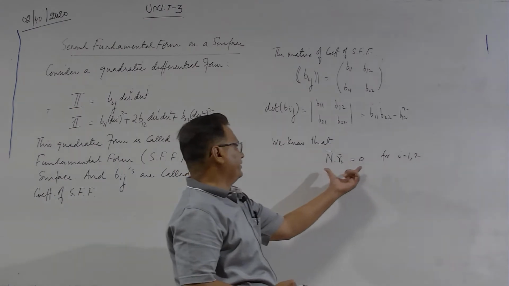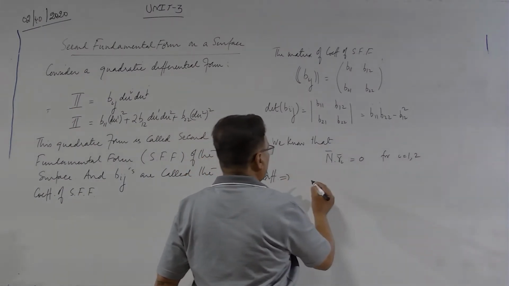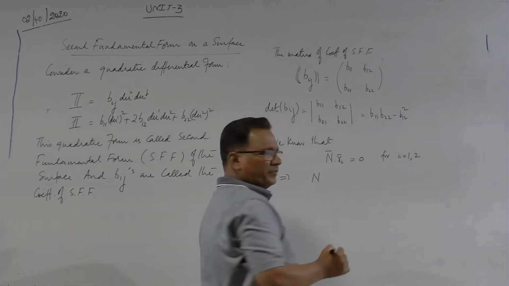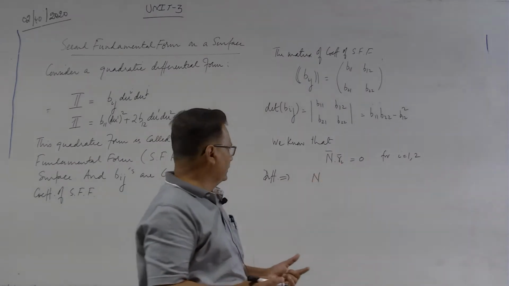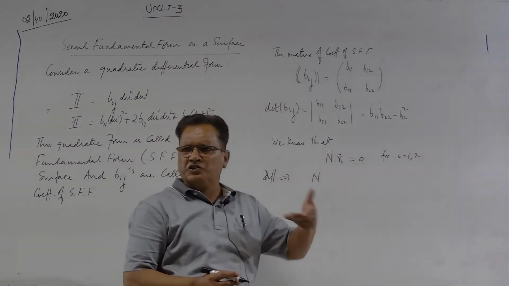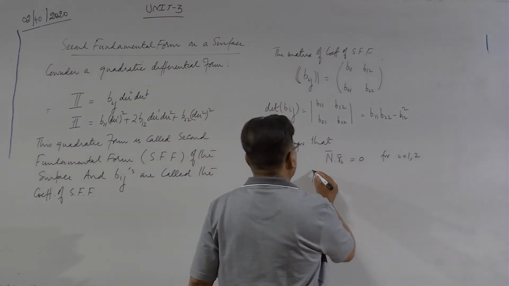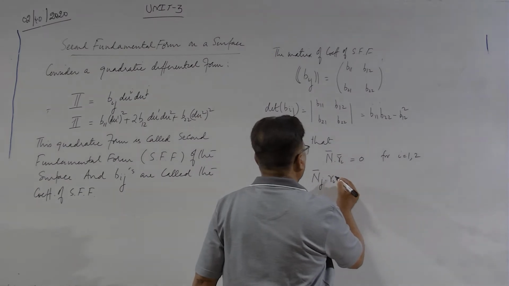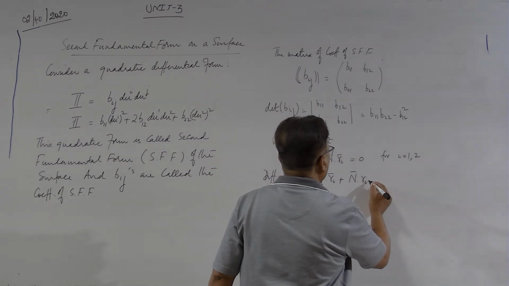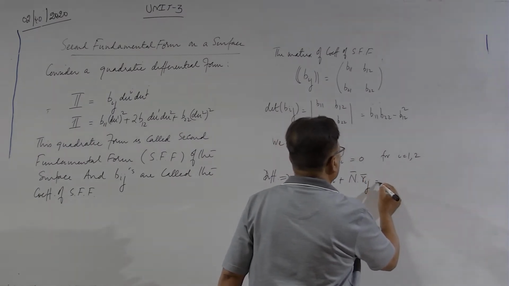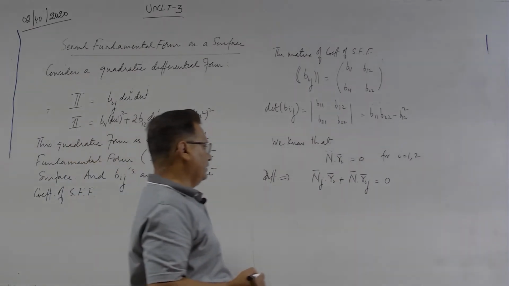Now, if I differentiate this relation partially, because it is a function of two variables, let me differentiate with respect to the jth parameter. It is the derivative of n, that is n j dot r i, plus n dot the derivative of r i with respect to u j is this. The right side is 0, after differentiation it will remain 0.